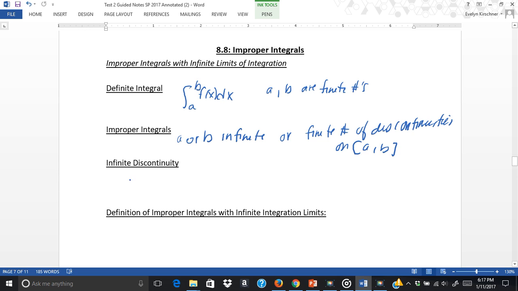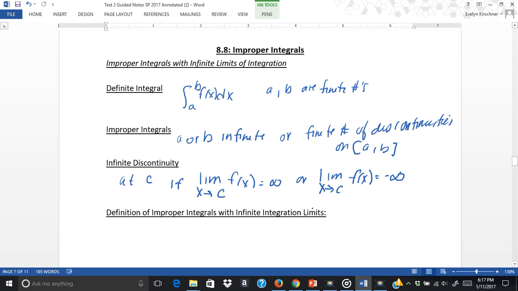We have an infinite discontinuity at c if the limit as x approaches c of some function equals infinity, or the limit as x approaches c of a function equals negative infinity. So that's an infinite discontinuity, where at a point it equals infinity.